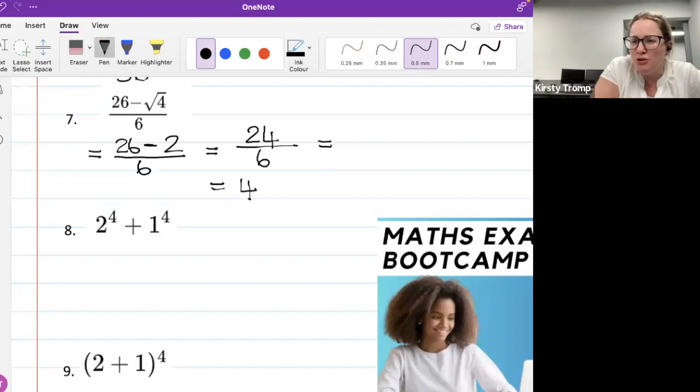Can we do 2? Yes, ma'am. 2 can go into 24. It goes in 12 times over. How many times does 2 go into 6? Ma'am, 3 times. Good. So now it is a little bit easier here. Can we do 12 divided by 3? What's 12 divided by 3? Ma'am, let me count.